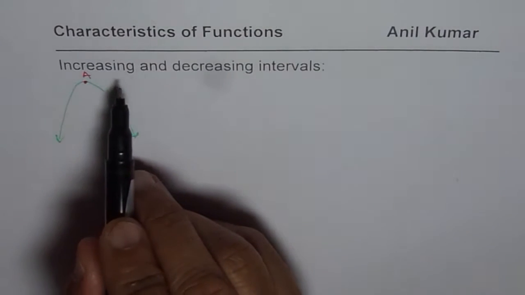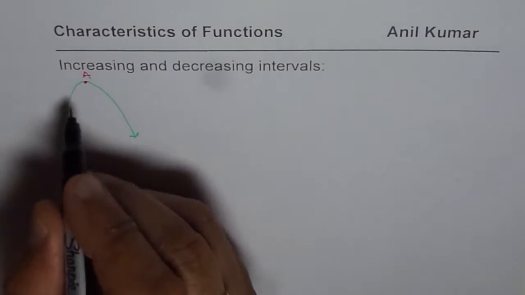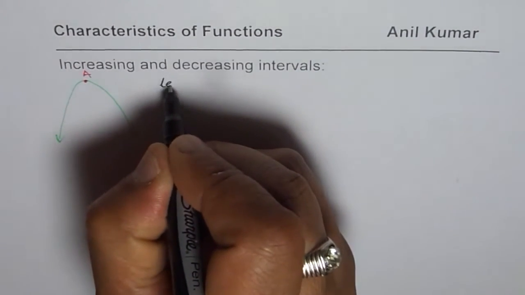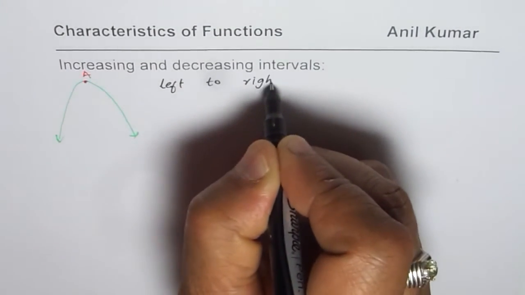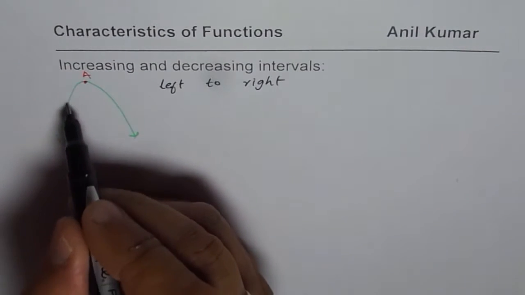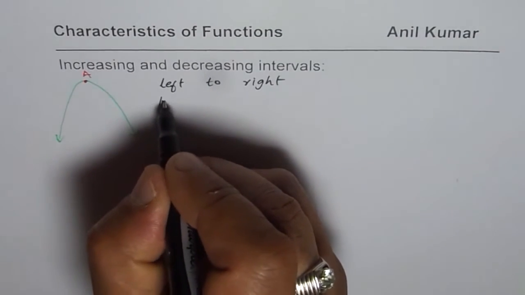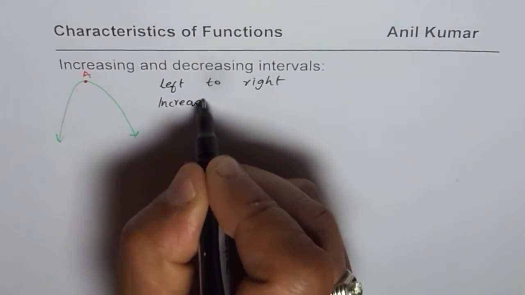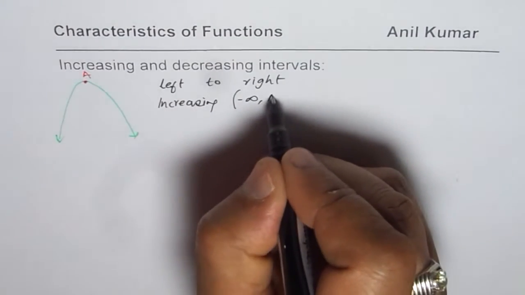Now whenever we talk about increasing and decreasing with reference to a graph, we are always looking at the graph from left side to right. So if I move from left to right, what I find is that we are increasing first and then decreasing. So in this particular case, we can say the increasing interval is from negative infinity to A, right?